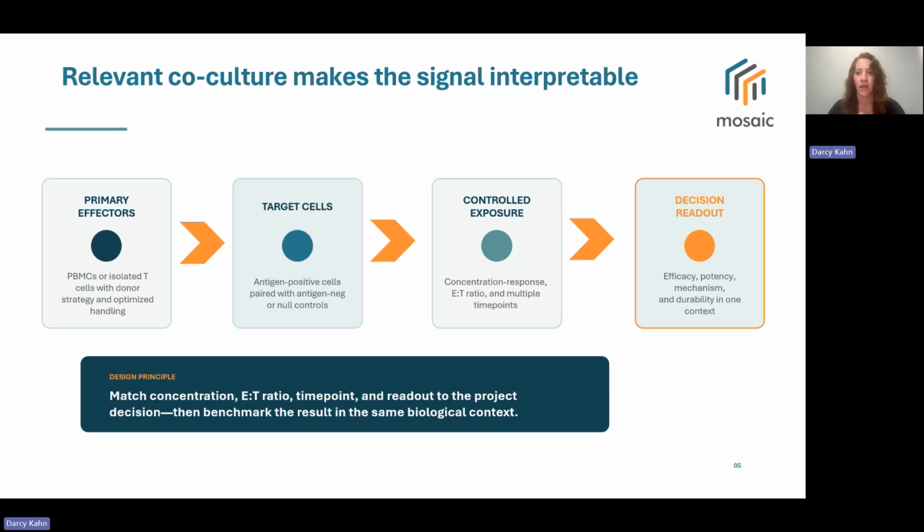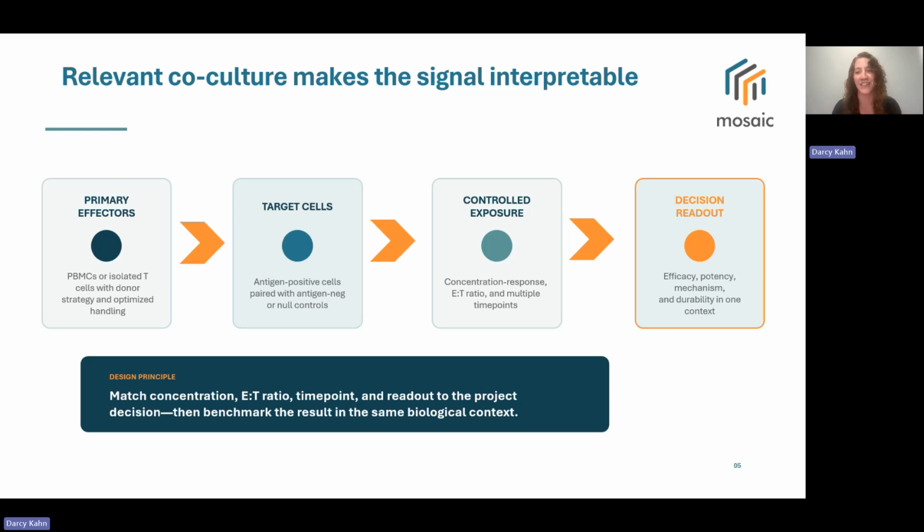So, concentration response curves, E to T ratio curves, those are going to give you robust comparisons of potency and efficacy. We also use multiple time points when it makes sense because early versus sustained responses tell you very different things, right? So readout selection is really driven by the question you're trying to answer.